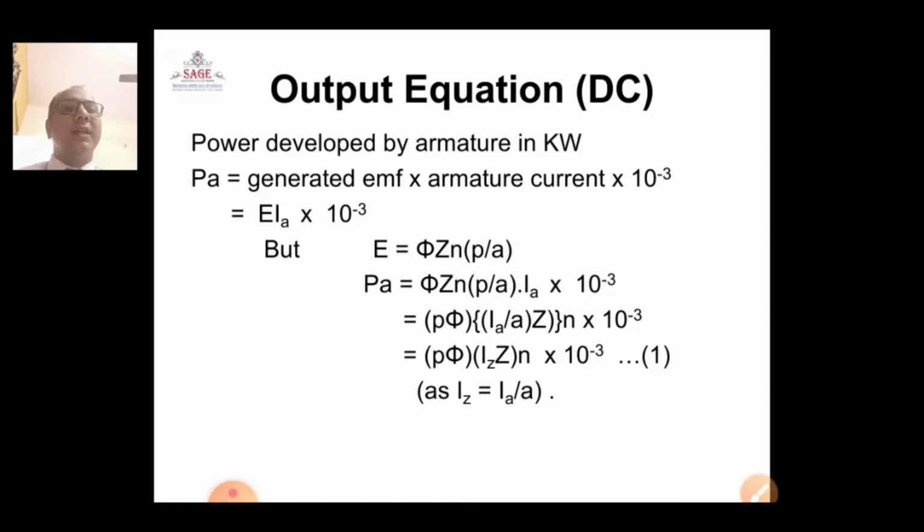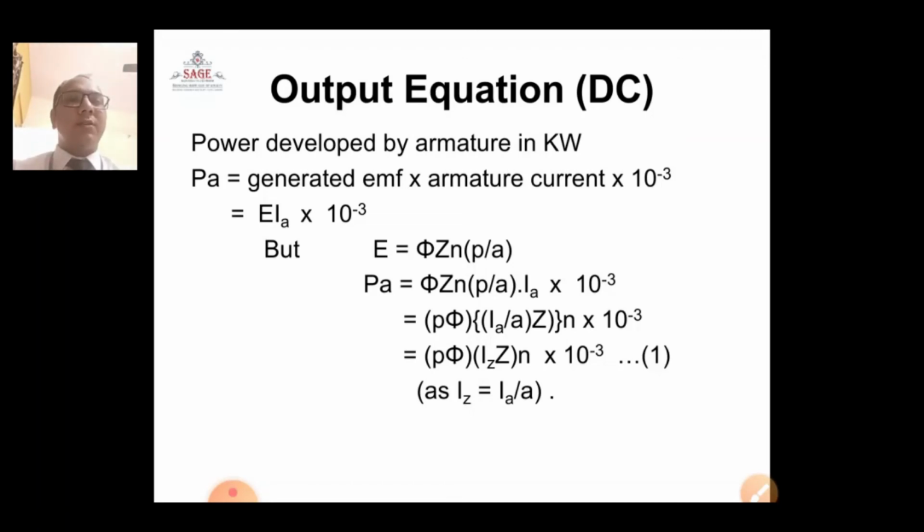Generally, the DC machine has two types of winding, wave winding and lap winding. The parallel paths for wave winding is always equal to 2, whereas for lap winding A is equal to the total number of poles. Substituting the EMF phi Z N P upon A in the power equation, it looks like phi Z N P upon A into Ia.